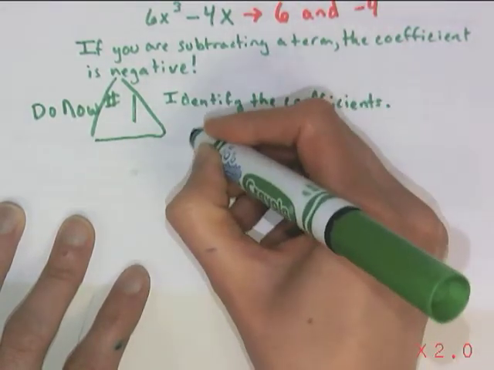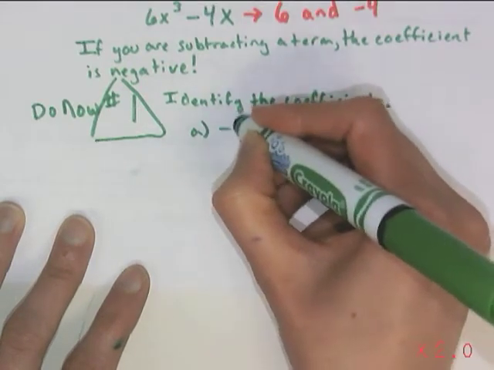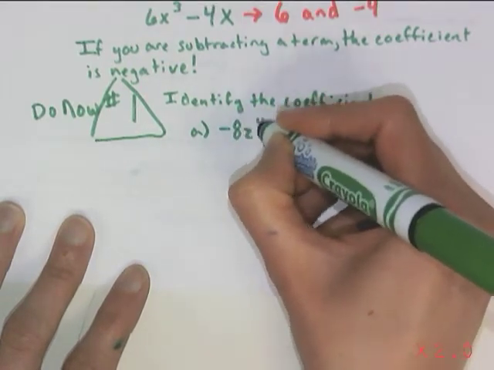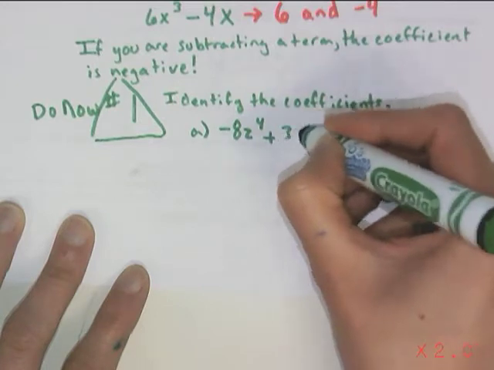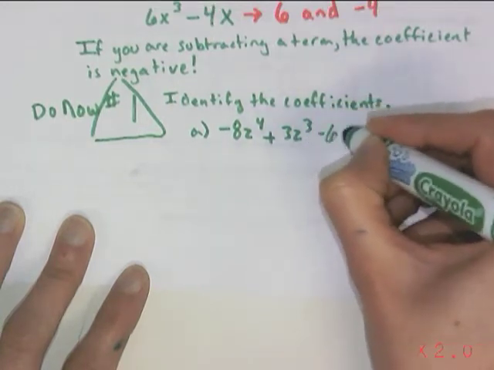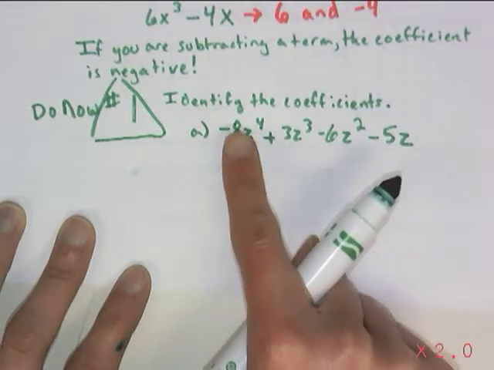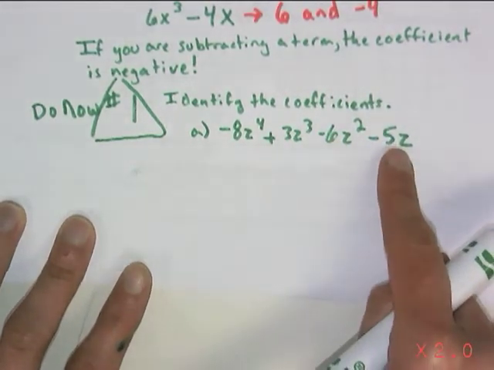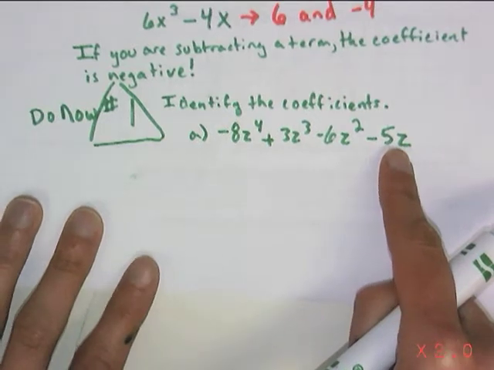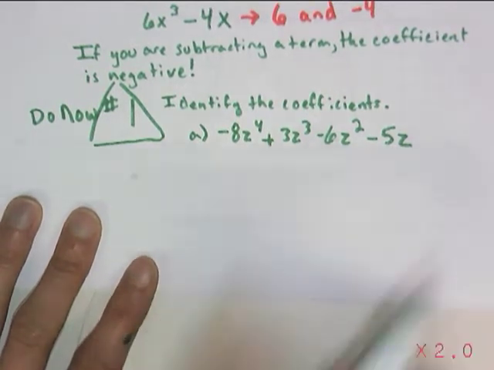Your expression is negative 8 times z to the 4th power plus 3z cubed minus 6z squared minus 5z. So you have 1, 2, 3, 4 terms, and I would like you to tell me what the coefficient of each of the terms is.